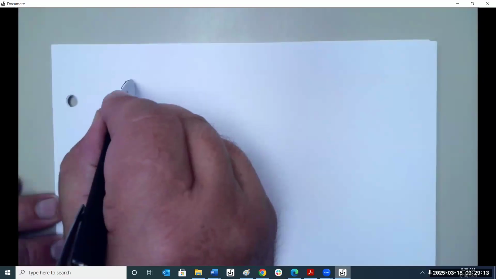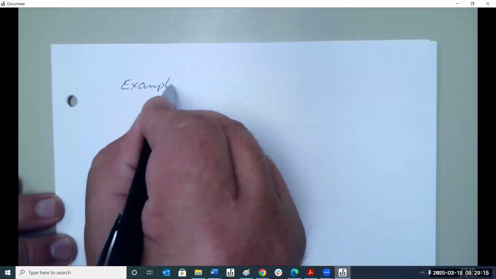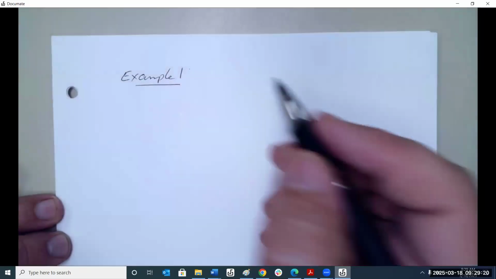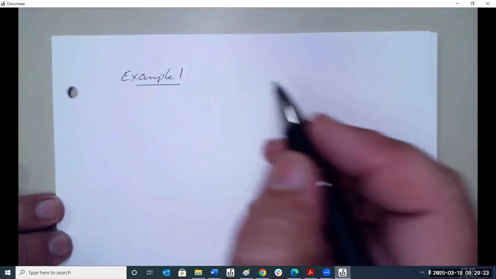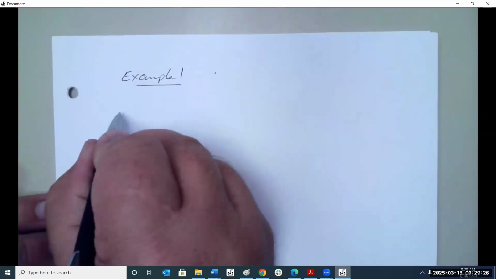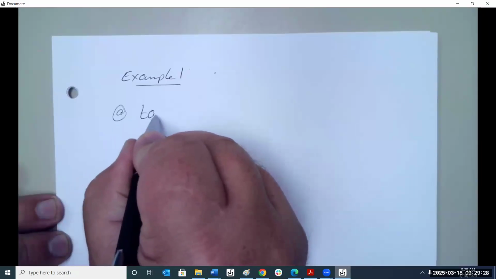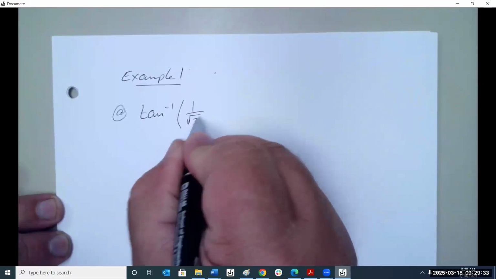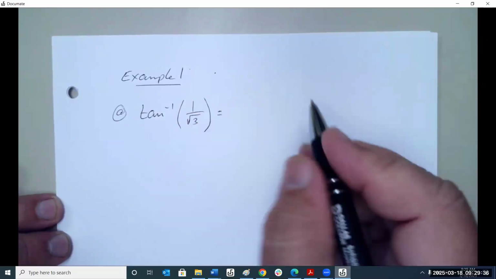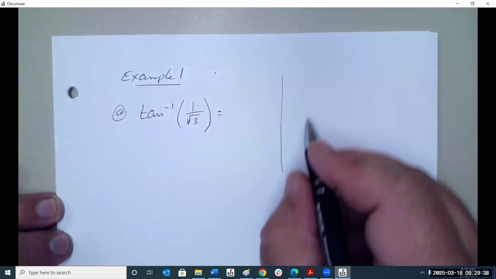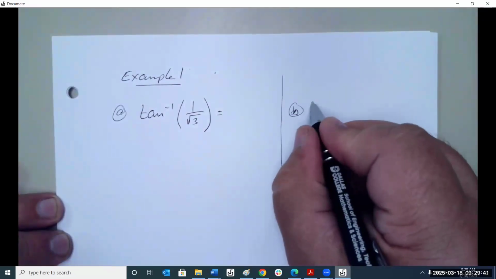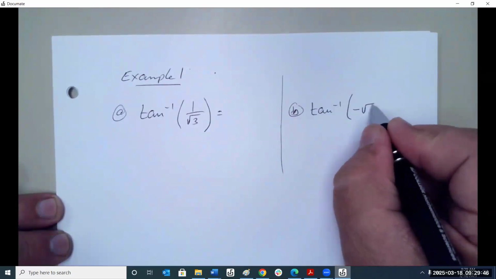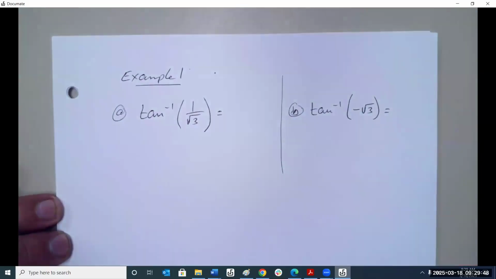So here's example 1. A, the inverse tangent of 1 over radical 3 is equal to what? And B, the inverse tangent of negative radical 3 is equal to what?